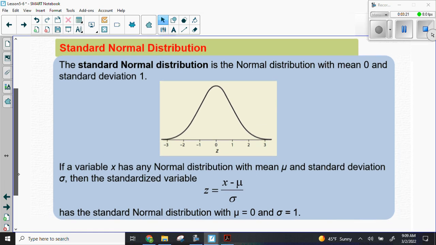We can find a z-value, a standardized value. These are actual values happening in the real world.